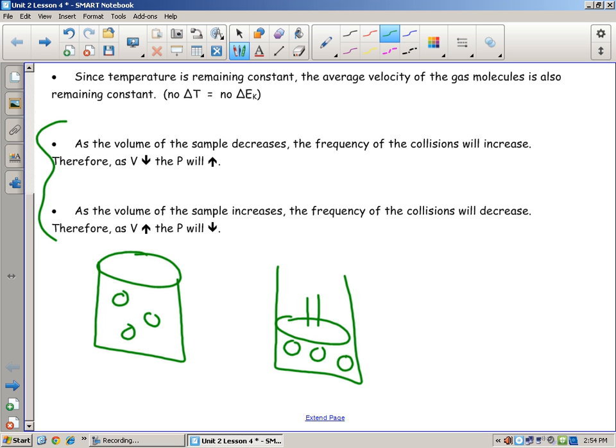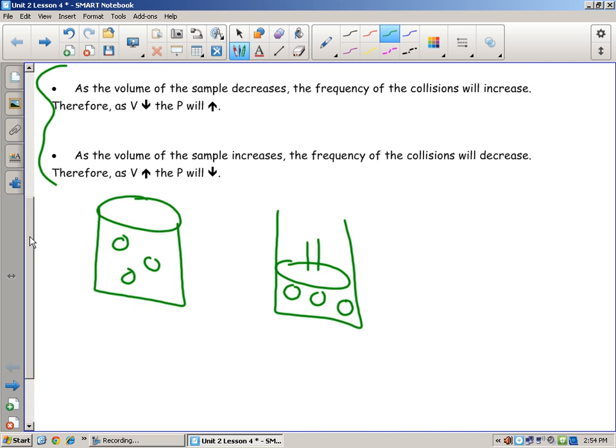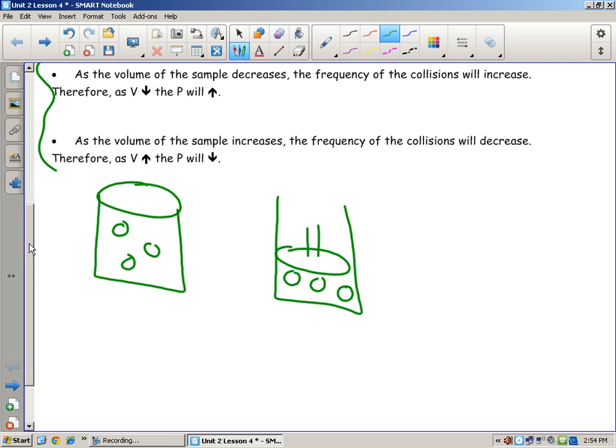So let's say you have 2 cylinders here, right? Boyle's law states the relationship between volume and pressure. What is that relationship? Well, let's take a look here. Volume is quite, in this case here, larger, and in this case here, quite a bit smaller.